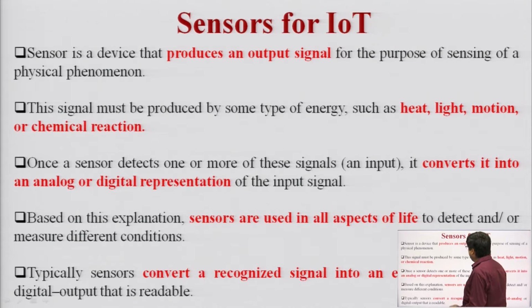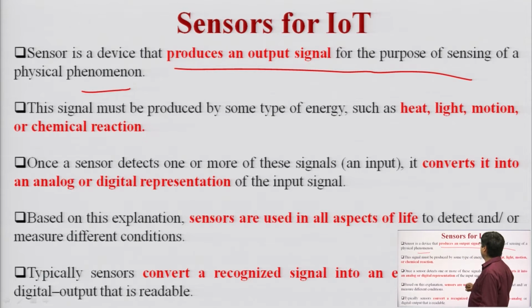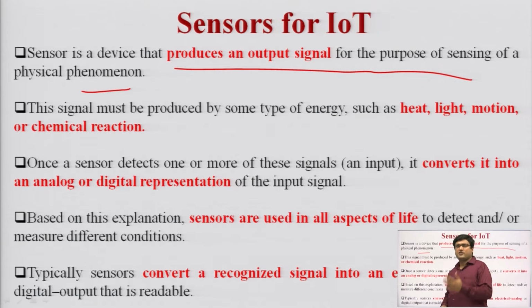A sensor is a device that produces an output signal for the purpose of sensing a physical phenomenon. As the name implies, it produces an output signal in the form of voltage or current in response to a physical phenomenon, meaning the parameters present in the atmosphere.